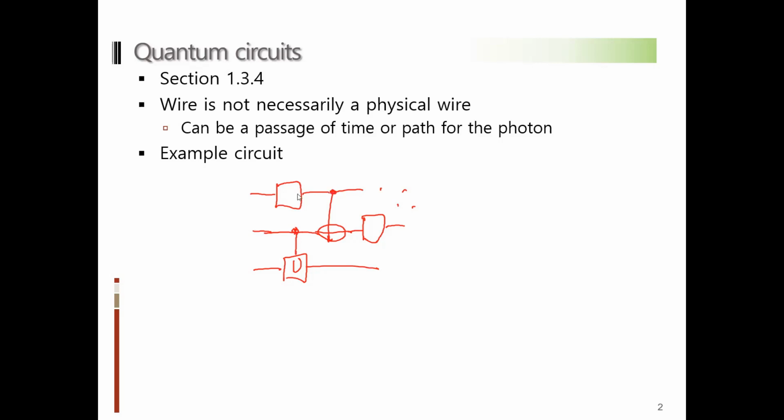If I also have to classify different types of qubits, the first big classification is whether it is a photon or the rest of the qubits.